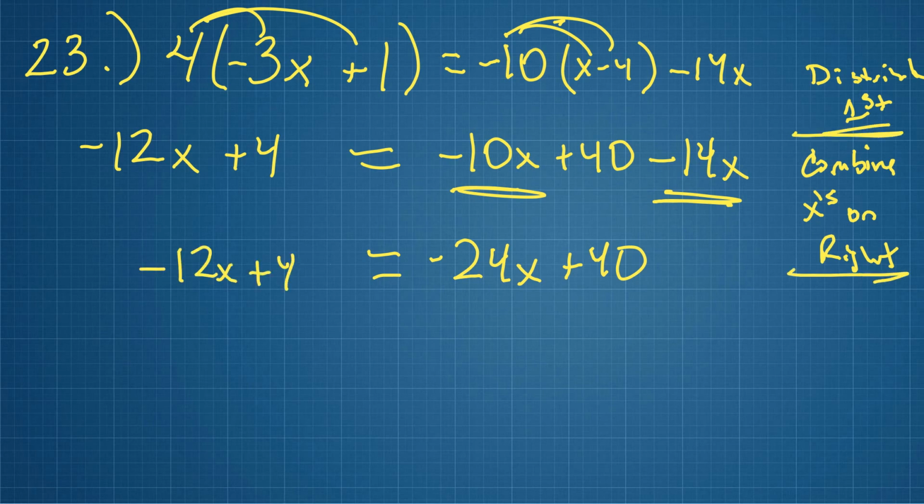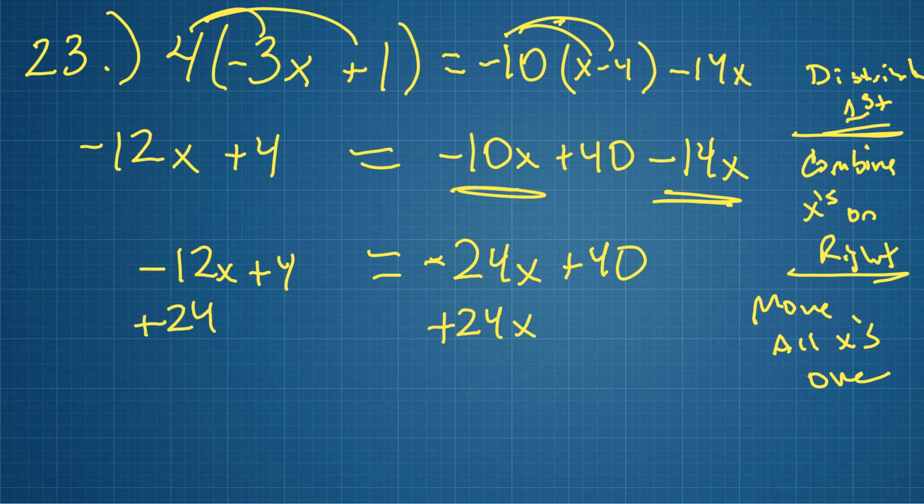Alright? Now once I combine the x's on the right, I'm going to move all the x's over. So negative 24 is smaller than negative 12, so I'm going to add 24x to both sides. You could add 12 to both sides. It doesn't really matter. So I get 12x plus 4 equals 40. Now it's just PEMDAS in reverse.